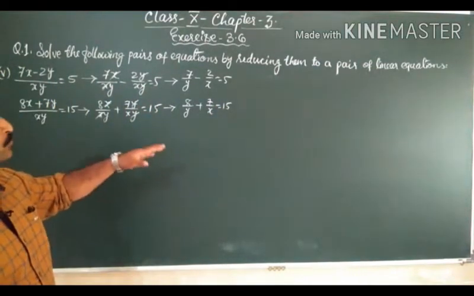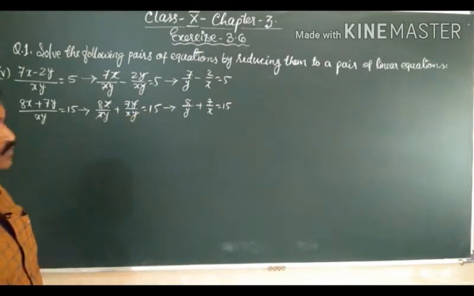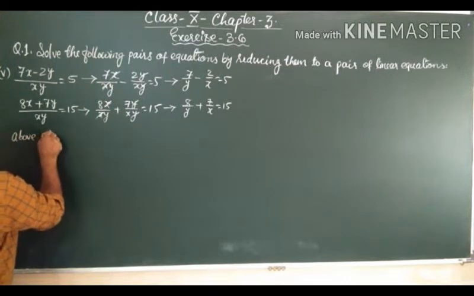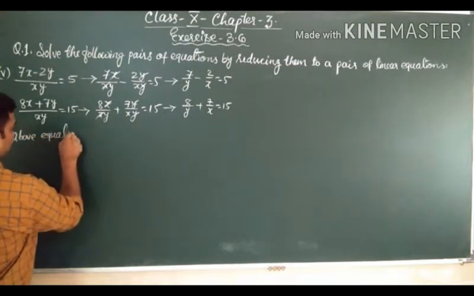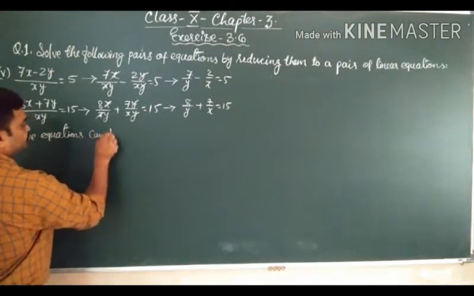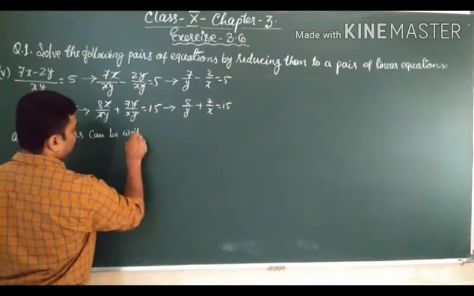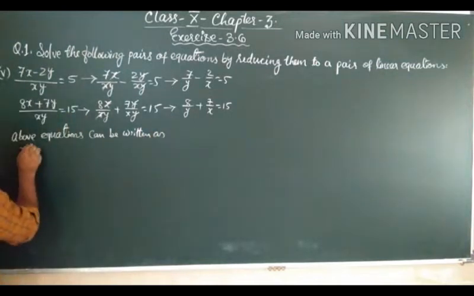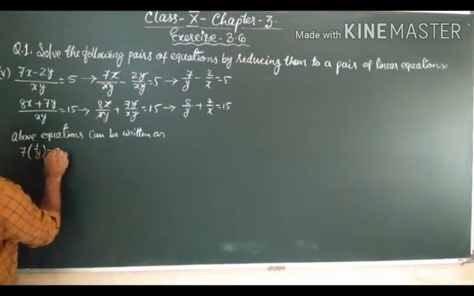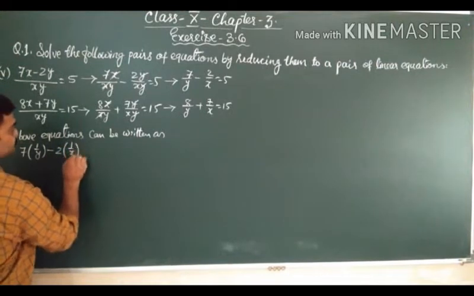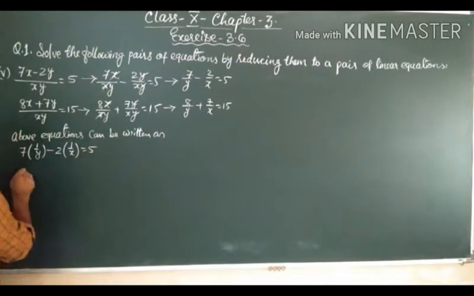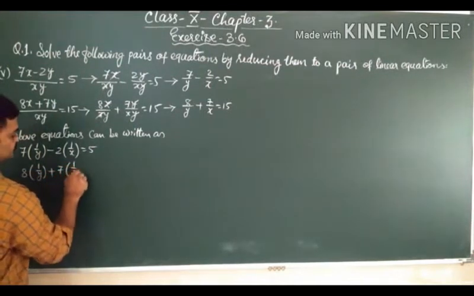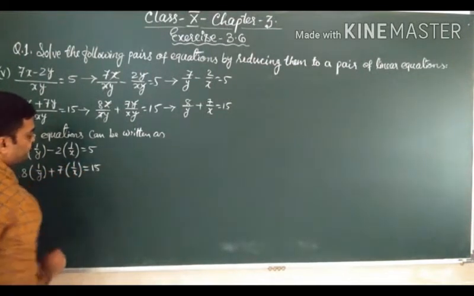Now we will write the above equations as 7 into 1/y minus 2 into 1/x is equal to 5, and 8 into 1/y plus 7 into 1/x is equal to 15.